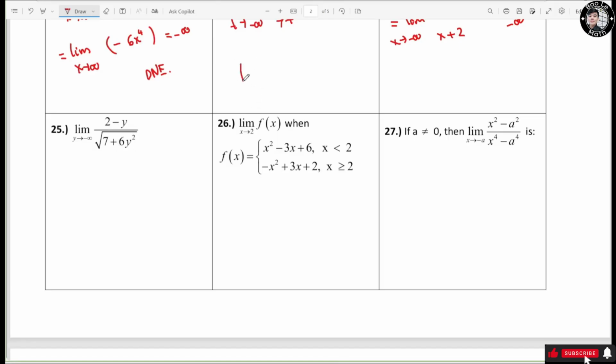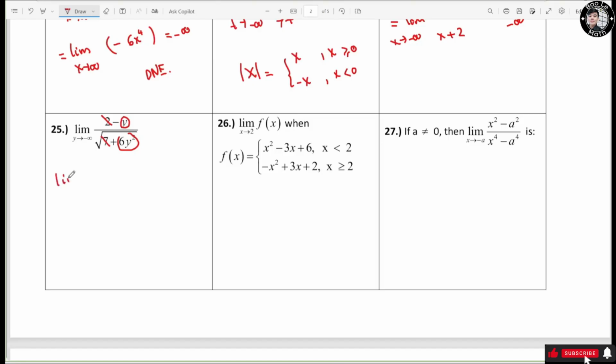Remember, we have absolute value of s equals s if s is greater than or equal to 0, negative s if s is less than 0. Now when y approaches negative infinity, this term grows faster than this one, so we just ignore it.